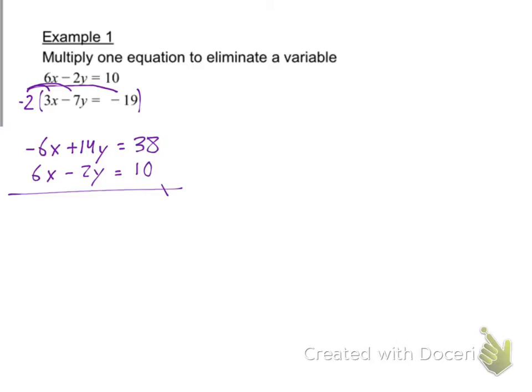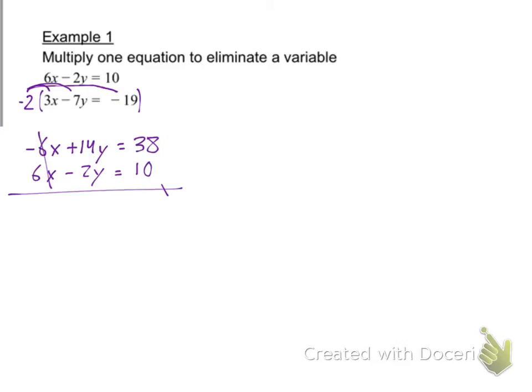And all I'm going to do is not subtract, add. Because if I add -6x and 6x, they go to 0. They disappear. They cancel. They are eliminated.